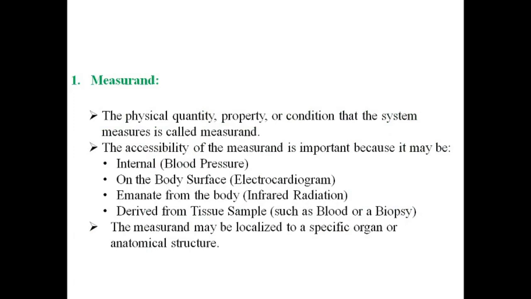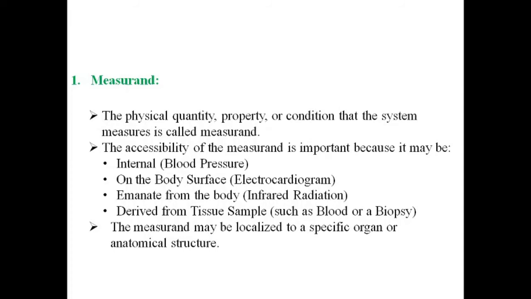The measure end is the physical quantity, property or condition that the system measures. The accessibility of the measure end is important because there are certain parameters that can be sensed. From the internal point of view, the blood pressure can be sensed.